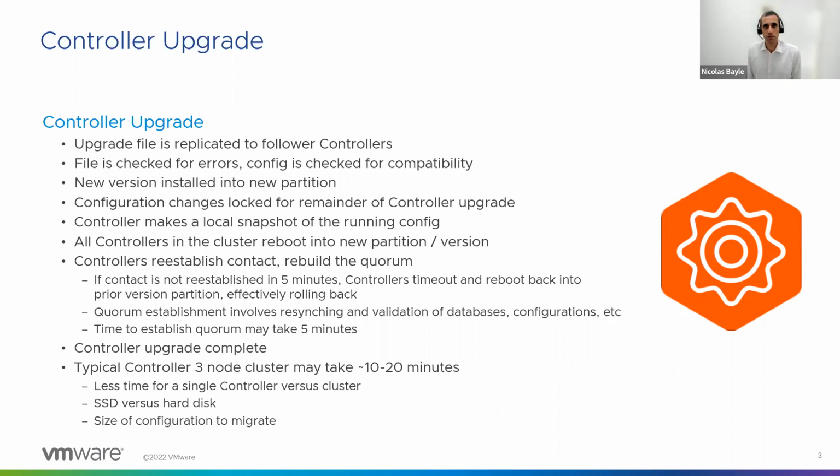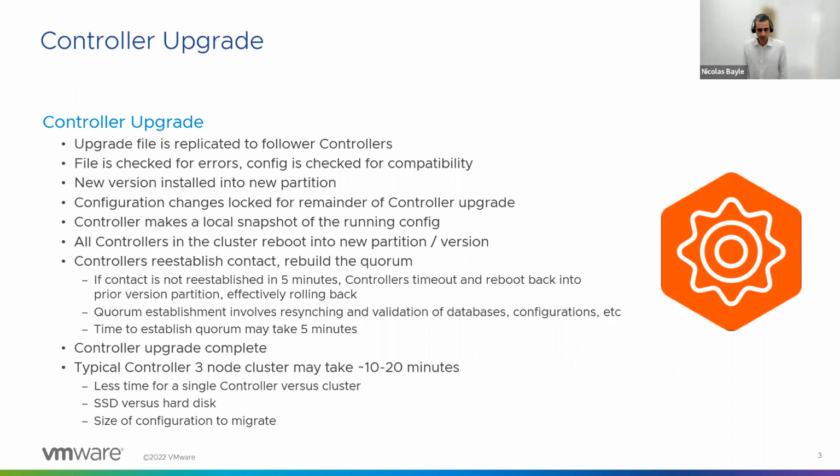So why not? But I think the more reasonable way, and for me the best way, especially for production environments, is to take different steps when it's about upgrading AVI. So what I suggest is that first you upgrade your AVI controller, right? And once you have upgraded your AVI controller, you can later upgrade the service engines, the data plane.